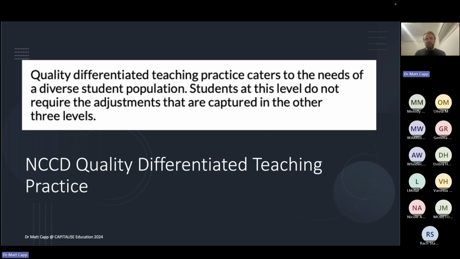So what we do, we're thinking about quality differentiated teaching practice. And if you are familiar with the nationally consistent collection of data for students with disability, this is taken from the levels of adjustment document, which talks about at that tier one, it's pedagogical practice that caters for the diverse needs of students. If we're going to cater for those diverse needs of students, we actually need to know them.